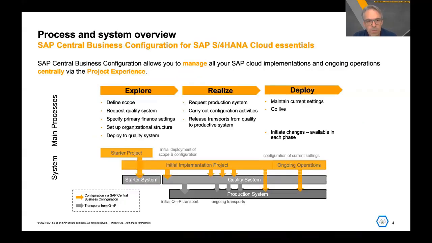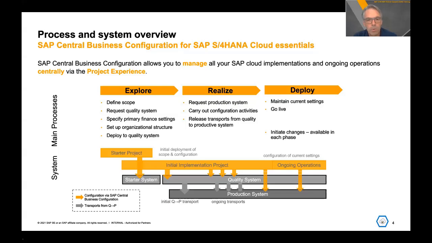I would like to start with the aim of giving you a brief overview, somehow a recap here. Maybe a few of you know about this as we talk about the Central Business Configuration for the S4HANA Cloud Essentials. This is what we currently work with, what we currently offer to our customers.